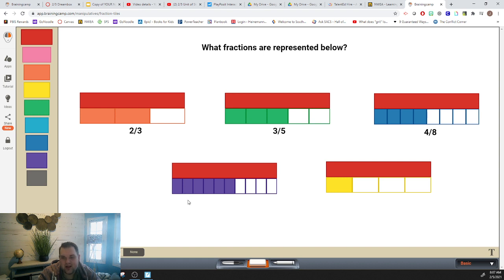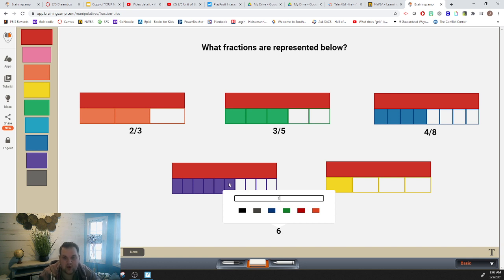Okay, we have 2 more left. Think about the purple fraction tiles here. What fraction do you see with these purple tiles? Enter that into PlayPosit now. Okay, let's check. For the purple tiles, I see 1, 2, 3, 4, 5, 6 pieces represented.